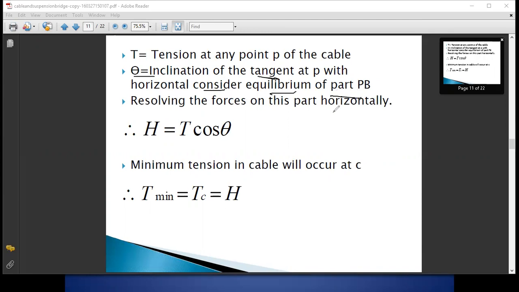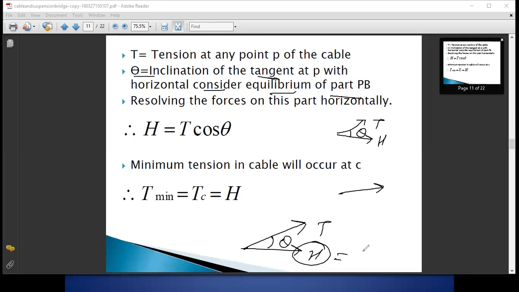So resolving the forces on this part, okay, at T है, horizontal reaction आहे, suppose theta आहे, हा H आहे, जर तुम्ही असा घेतला, सॉरी, हा T आहे, horizontal H आहे, हा theta घेतला तर resolution H is equal to T cos theta. Okay, so this is your H is equal to T cos theta after resolving.